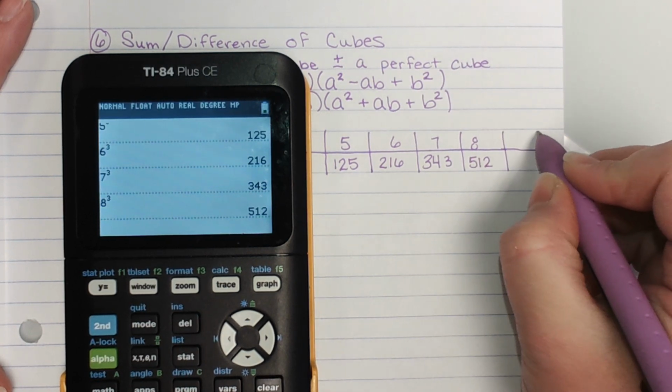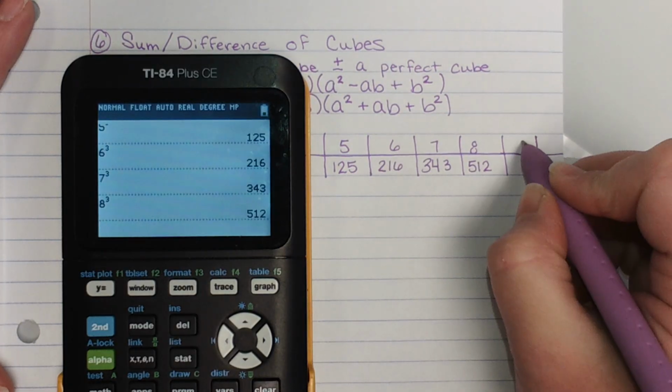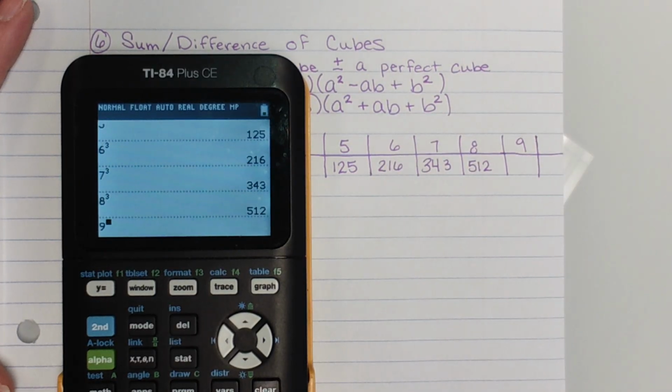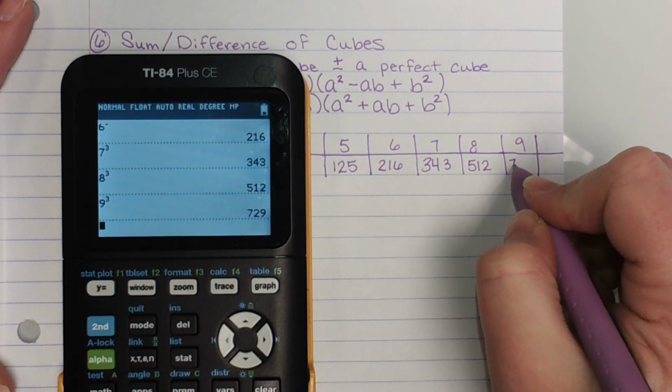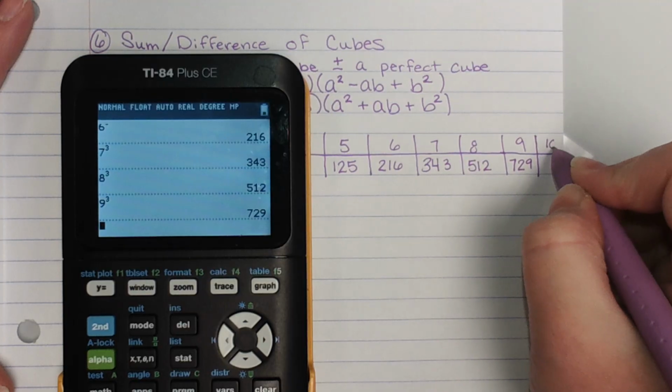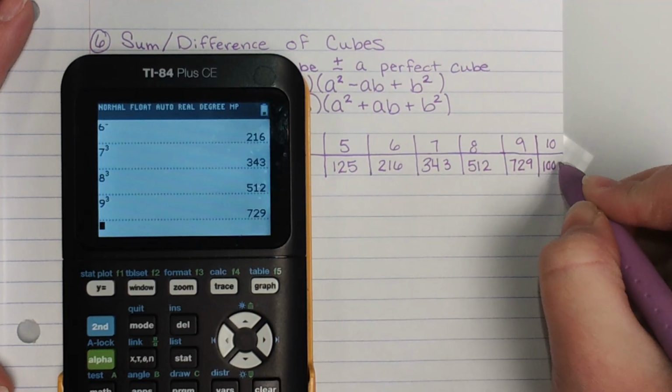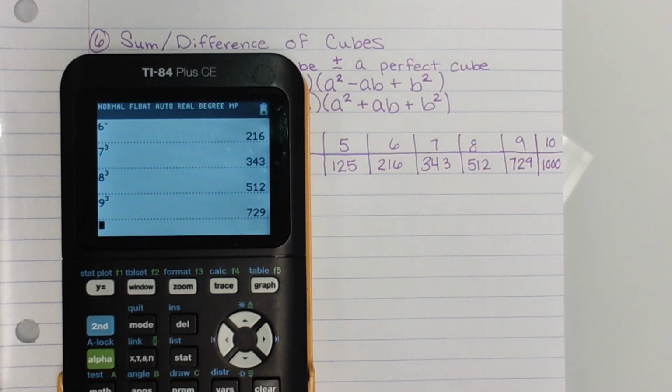I'm going to run myself out of room. I wanted to go all the way up to 10. 9 cubed is 729, and 10 cubed is 1,000.